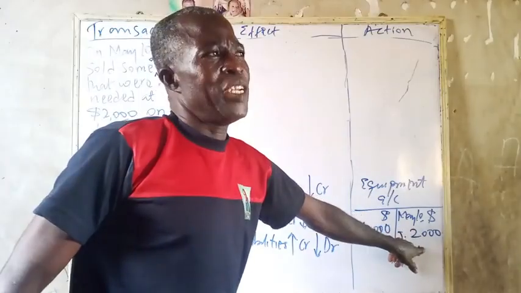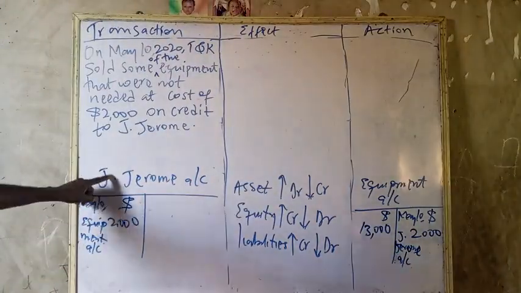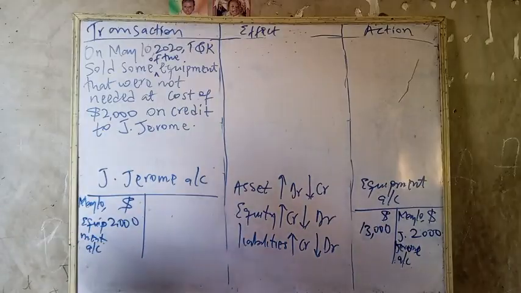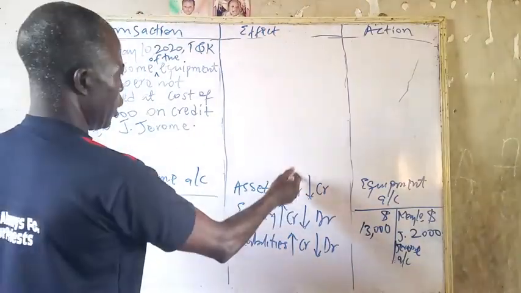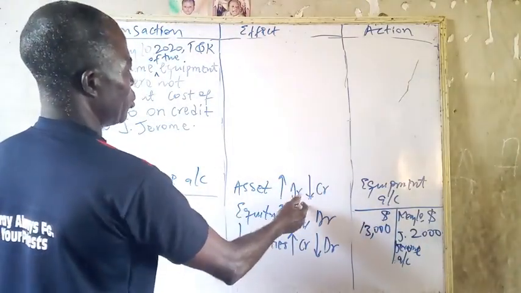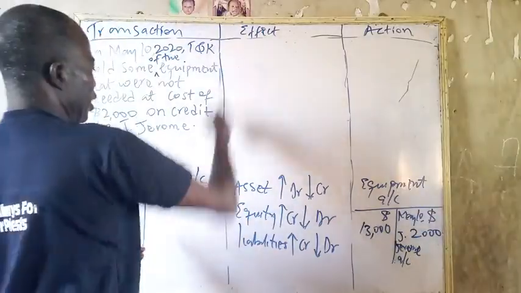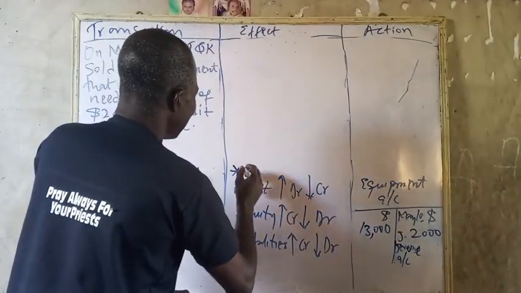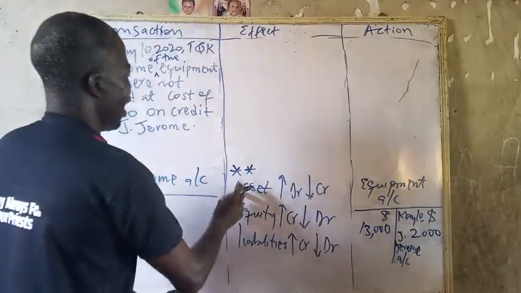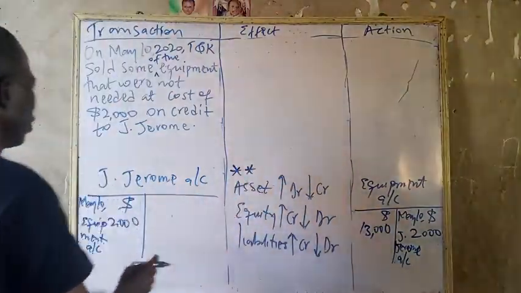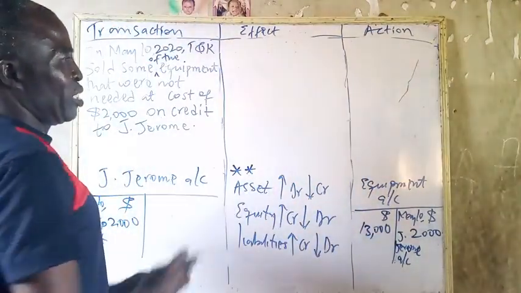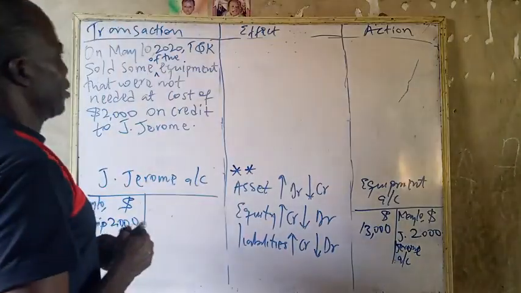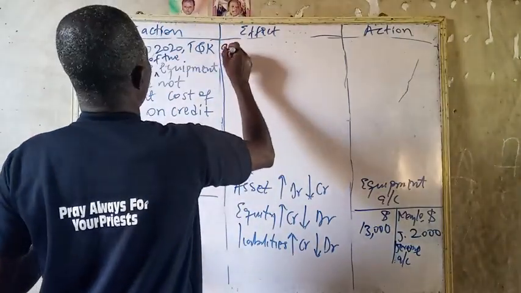When an asset is reducing, you credit. When an asset is increasing, you debit. Asset increase, you debit. Asset decrease, you credit. The effect here is asset and asset: the asset of J. Jerome, then the asset of equipment. You see, within the asset accounts. So what is effect A now?